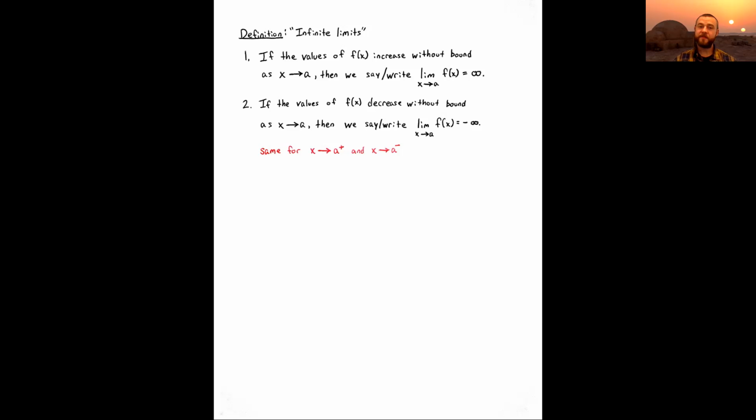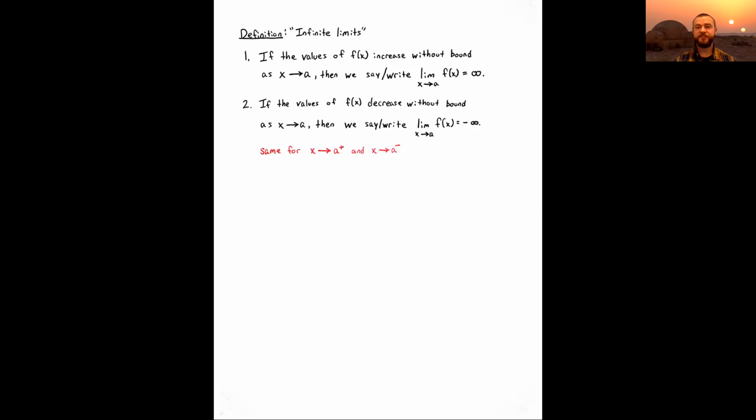So if the values of the function keep increasing as x approaches a, then we're going to say and write here that the limit as x approaches a of f of x equals infinity, sometimes written as positive infinity for emphasis. Similarly for part 2 here, if the values of the function decrease without bound, if they keep getting smaller and smaller as x approaches a, then we say and write the limit as x approaches a of the function equals negative infinity.